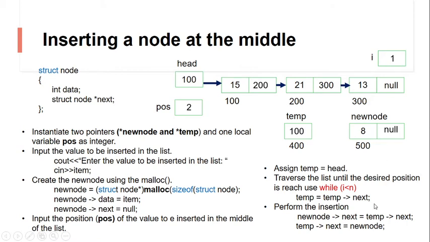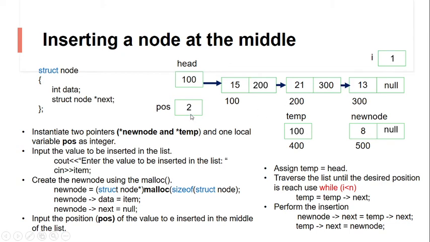Now while i is less than n, we proceed to temp of next, which is 200. Now remember that we have not yet reached 1 or 2. So when you say i less than n, is i, which is 1, less than 2?